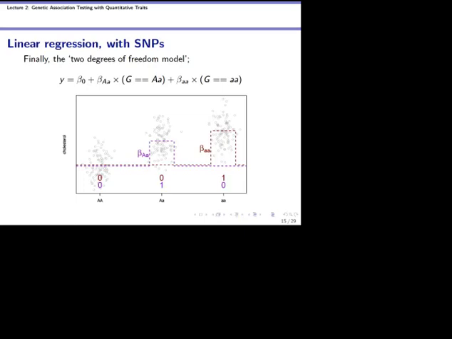If little a was dominant to big A, what is the relationship between the means for little a a and big A a? It's the same, right? If it's recessive, then you get a recessive model out of this.